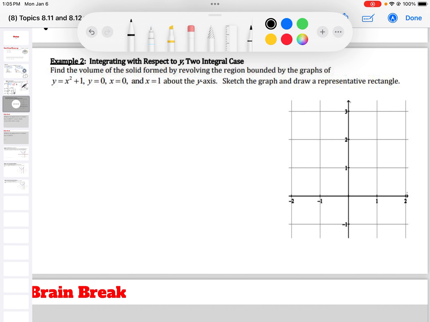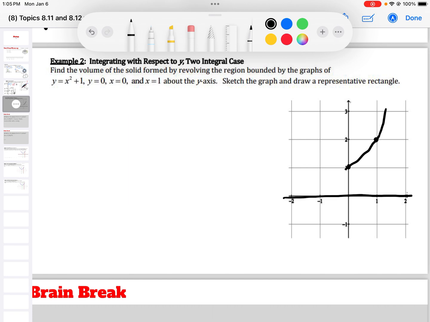All right, integrating with respect to y, double integral case. This is going to be a little bit special. So graph y equals x squared plus 1. x squared starts here, over 1 up 1, over 1 up 2, so it kind of does that.